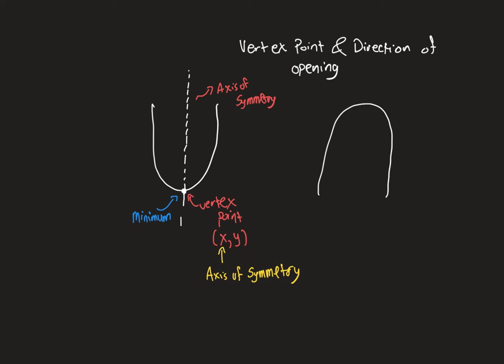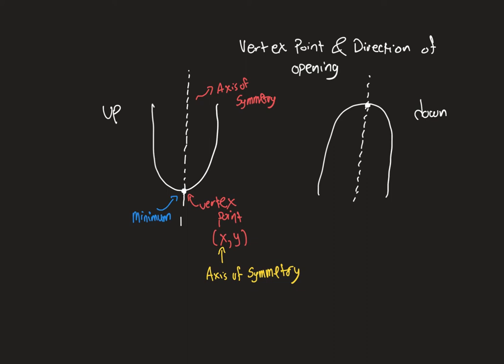In this graph over here, where the direction is going down, so this one's going up, this one's going down. If you find our vertex where everything starts changing, you can see it's going up, up, up, up, up, up, up, up, and then boom, right about here, it starts going down, down, down.